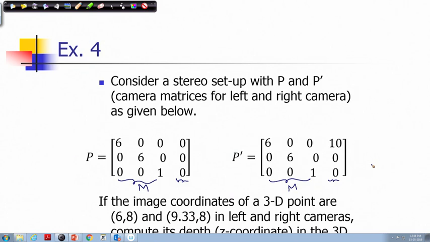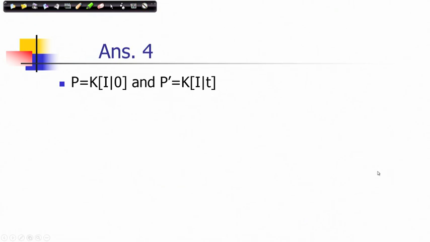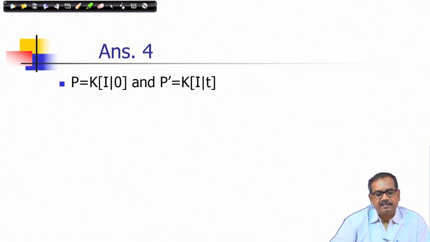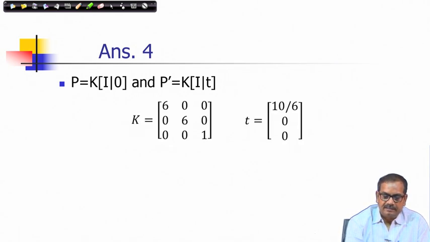So, now let us compute the depth of the scene point in this particular scene. This is the scenario. Your P is given as k I 0 and P prime is given as k I t, where k is given in this form, 6 0 0, 0 6 0, and so on.